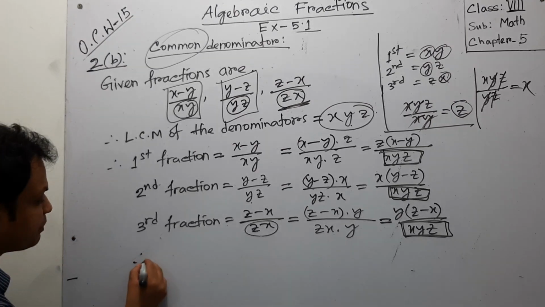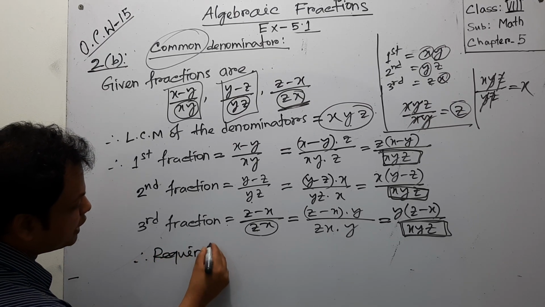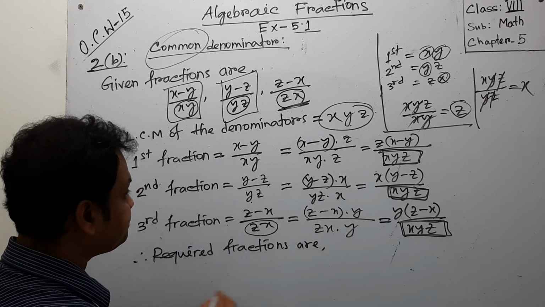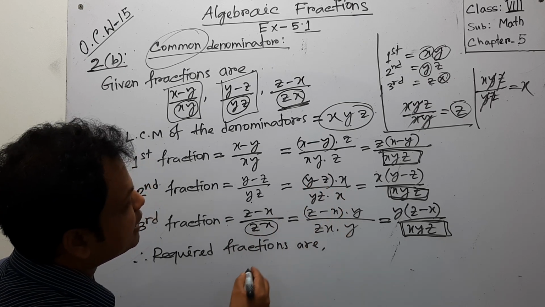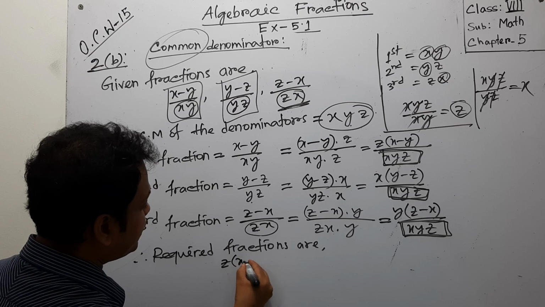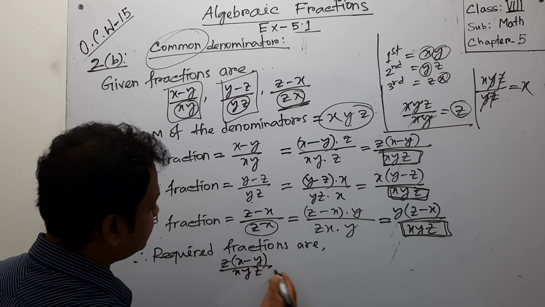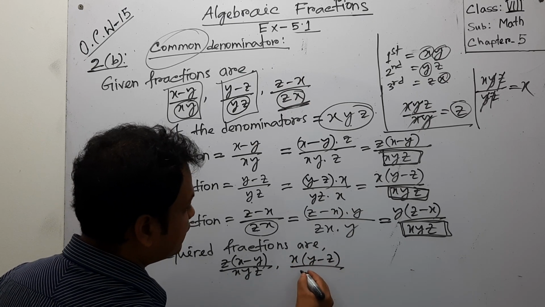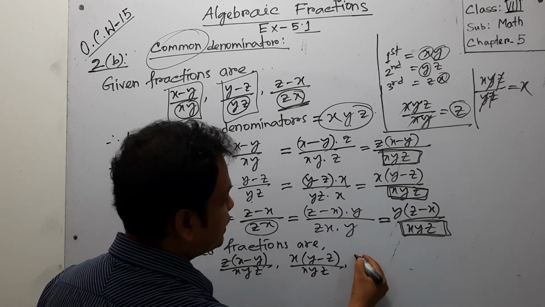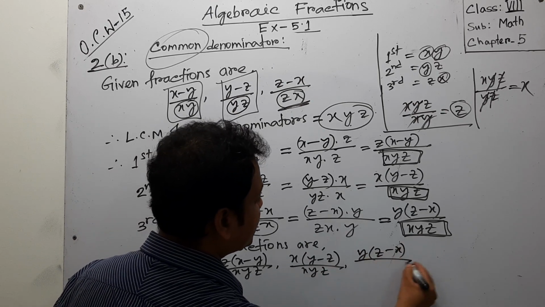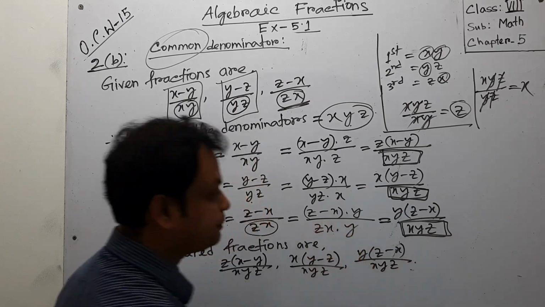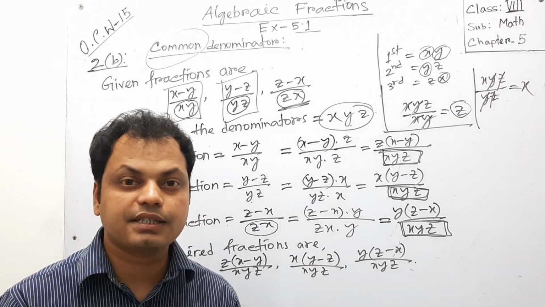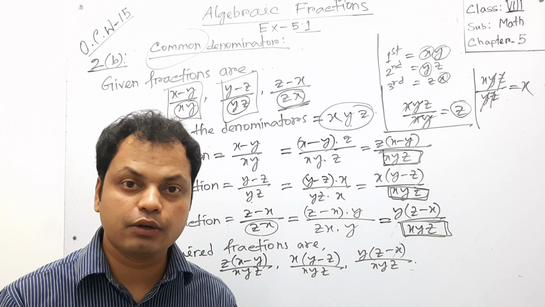Therefore the required fractions are z into x minus y divided by xyz, then x into y minus z divided by xyz, and the last one y into z minus x divided by xyz. So this is the result. In this way, we express fractions with a common denominator.